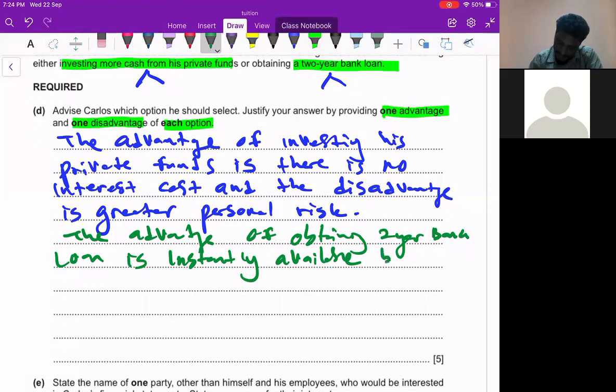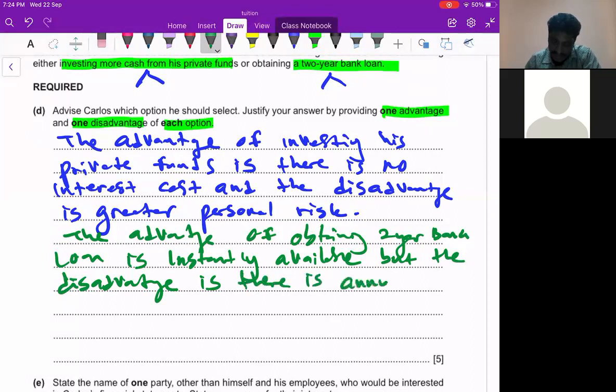Okay, but the disadvantage is there is annual interest. Annual interest is charged, or you need to pay back, or you need a security. Security may be required.